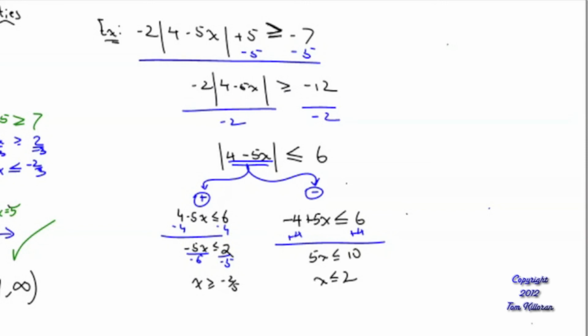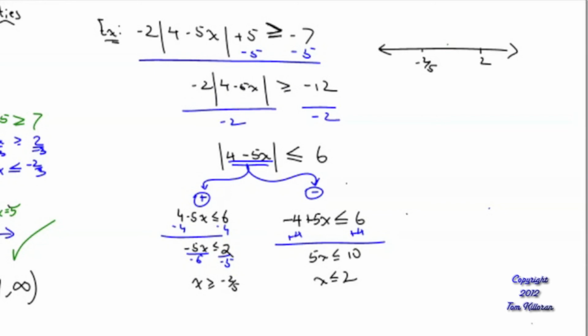Yay! So again, we have these two solutions, and we need to figure out what they're really talking about. If you draw a little number line, put your solutions on there, which are -2/5 and 2. Oh, by the way, the reason this works is 2 is what makes it equal to 0, and -2/5 is another thing that makes it equal to 0.